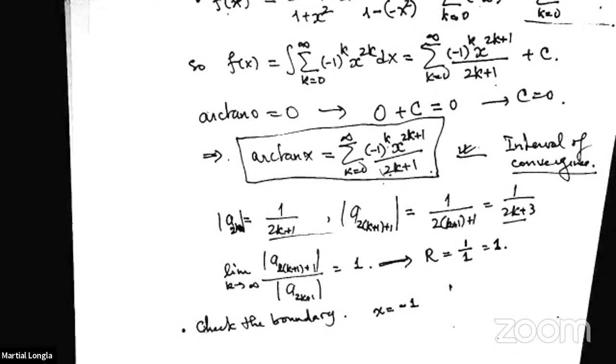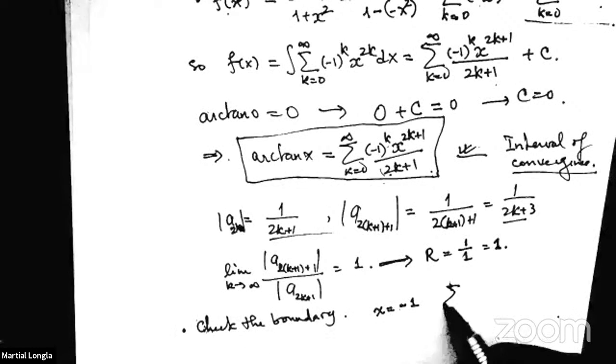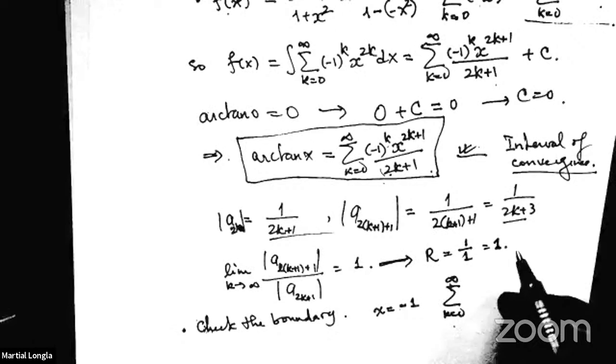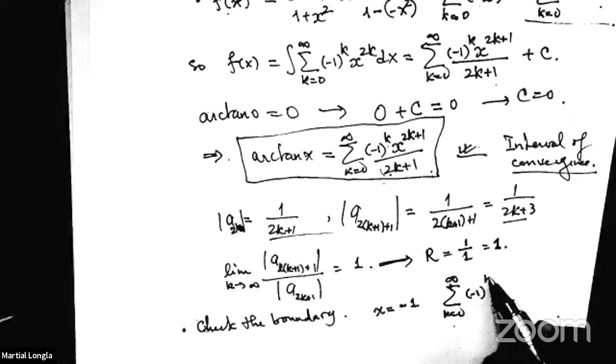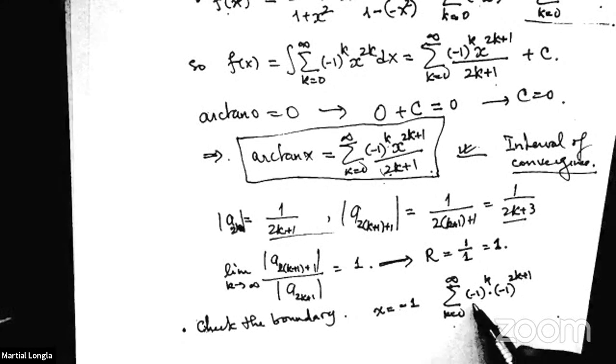If you have x equal minus 1, you're going to plug it in here, and you're going to have the sum k from 0 to infinity, negative 1 to the k times minus 1 to the 2k plus 1, over 2k plus 1.